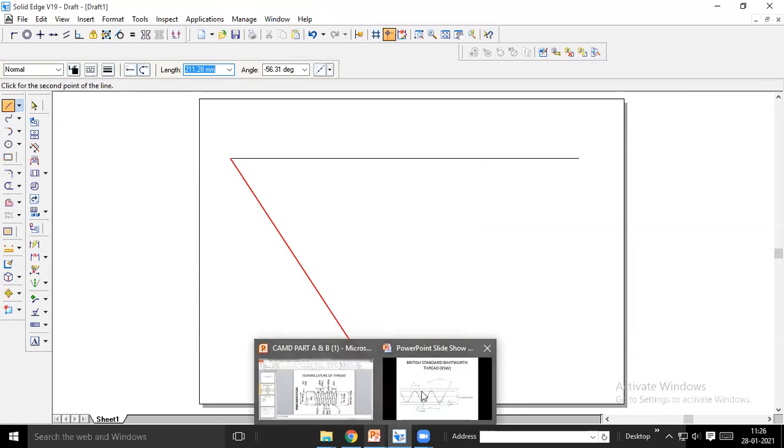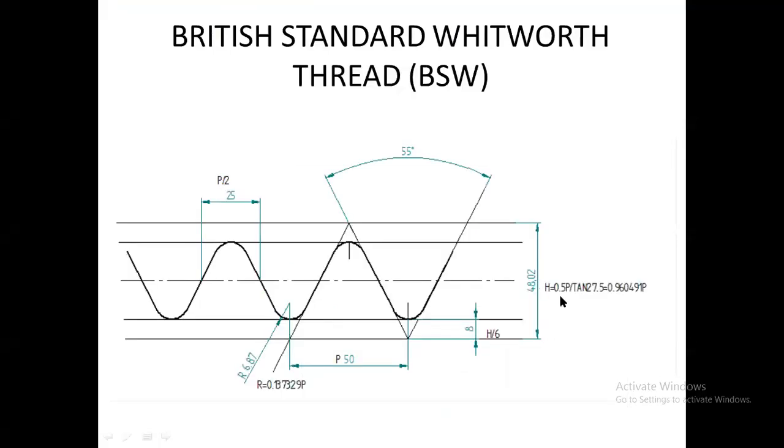What is the h value? H value here is 0.5 times P divided by tan 27.5. Take down this formula. If you calculate this, you will get 48.02 as the h value, the distance between root line and crust line.